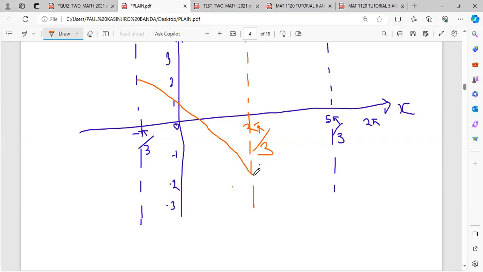Make sure it reaches 2 here, and then it comes back up again and reaches 2. So this is the first sketch. I should have drawn this in dotted lines. I'm saying it's going to be like that. Just a minute.